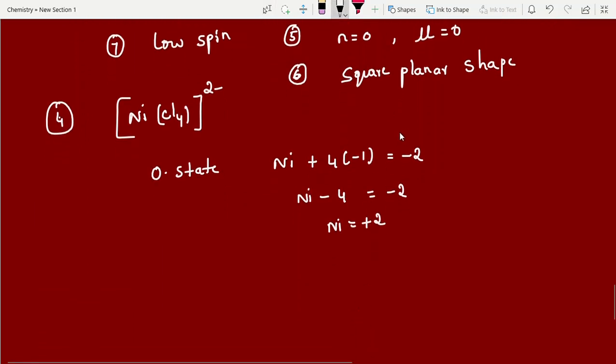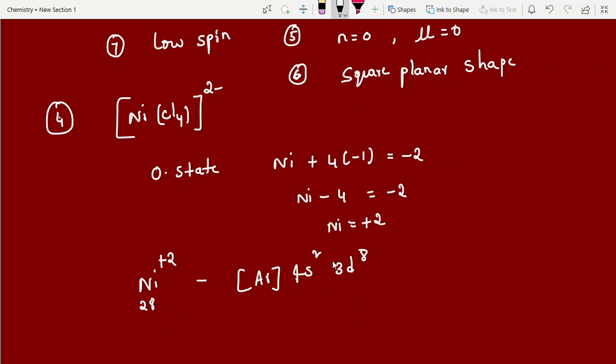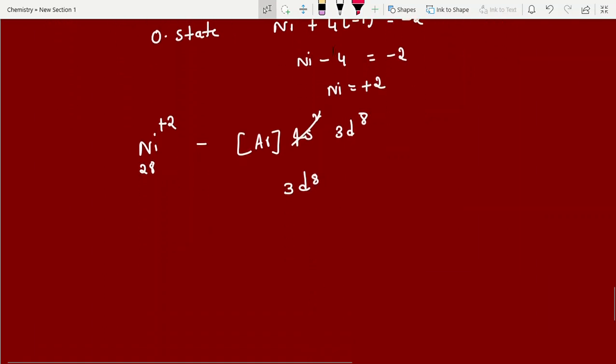Nickel electronic configuration we have to take. Nickel atomic number 28. Argon plus 2 is nothing but the last 2 electrons, same as the above case, the last 2 electrons, and the rest is 3d8. That's it. Now the third point.